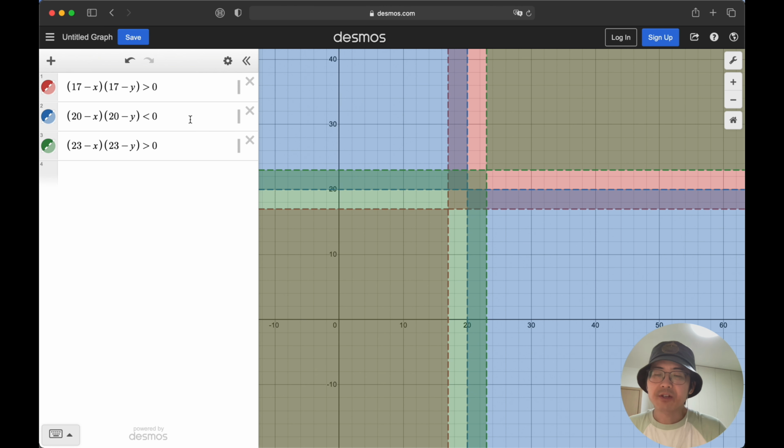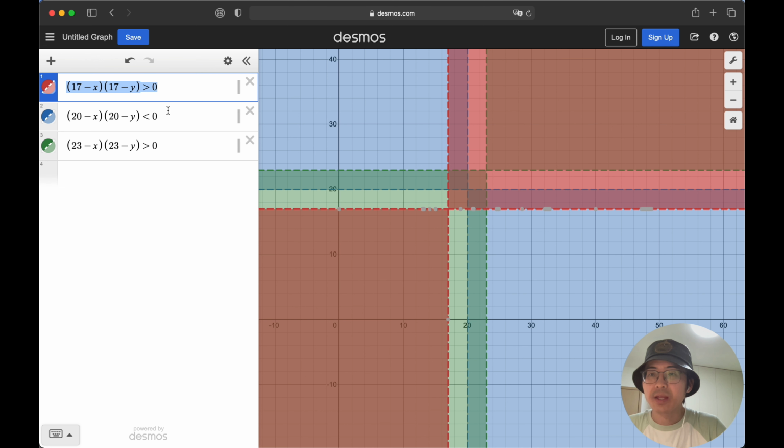For example, if you have a lot of inequalities to graph and you only care about the common region that satisfies the system of inequalities, you can first input the first inequality into the entry, and then all the other inequalities you have to input in the same entry. But you have to make sure that each of the other inequalities is put into parentheses.